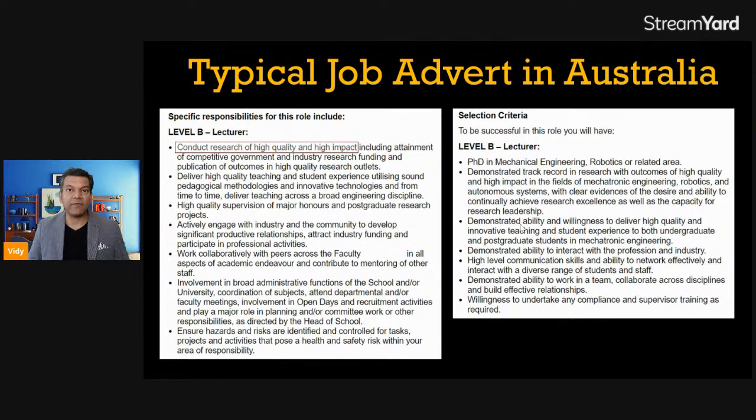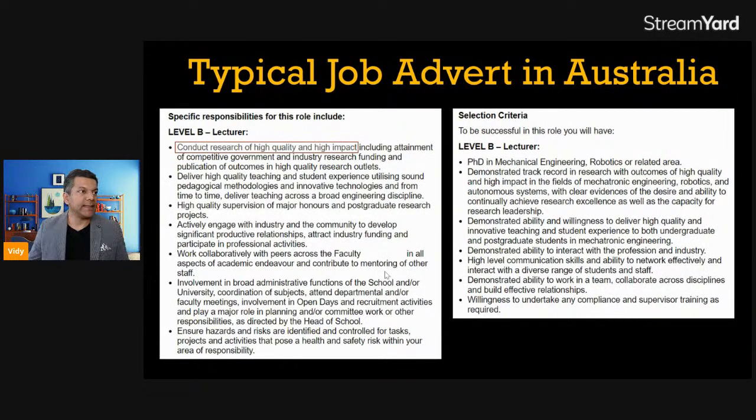I haven't looked into it, but you can search what kind of jobs are available for PhD graduates in the industry, and see what you need to prepare yourself for in these three years. So doing a PhD is not just about doing a PhD, but it is preparing yourself for your career, for your future.